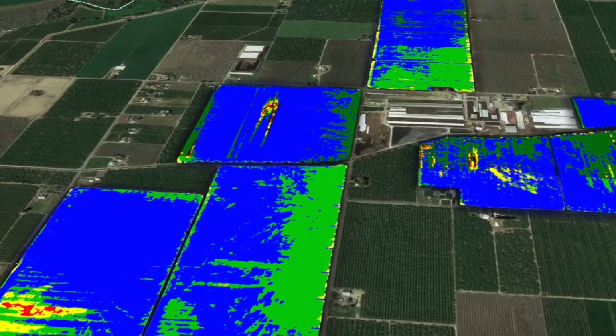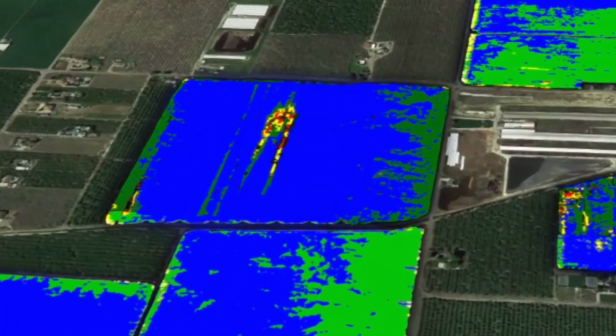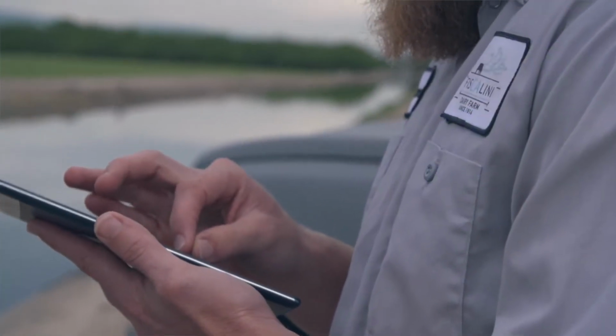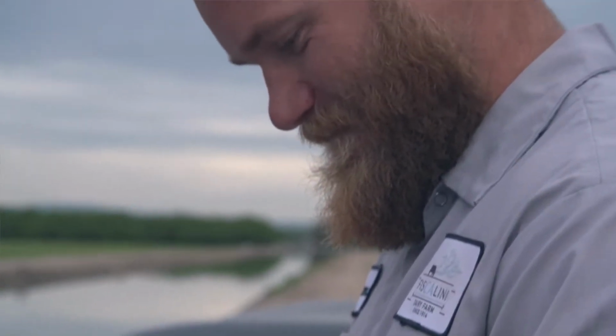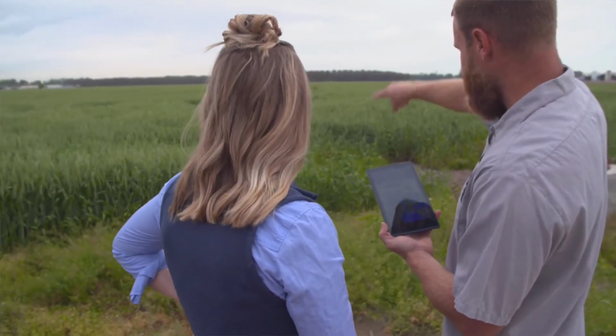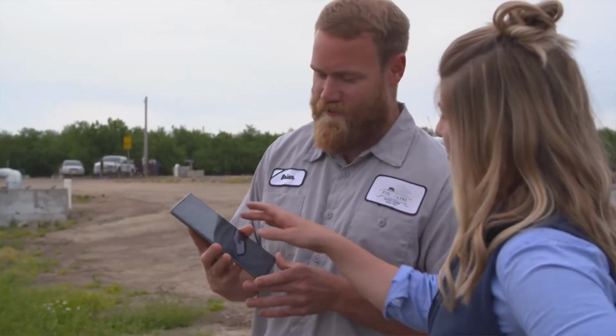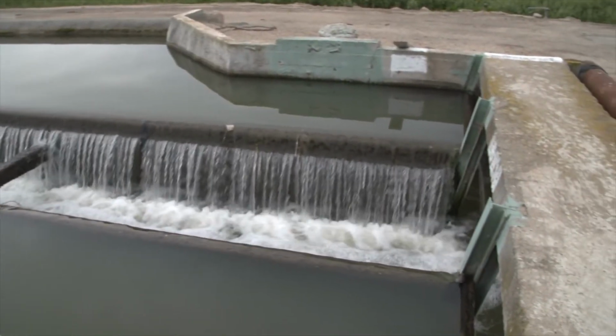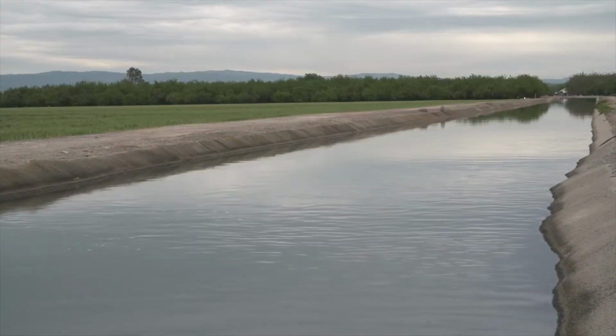I had a decent idea of where I thought there were areas in the field that needed attention. It really did open our eyes, and it allowed us to look at pieces of the particular fields that did need some extra attention. Plays into the sustainability of our farm, as well as utilizing precious resources like water.